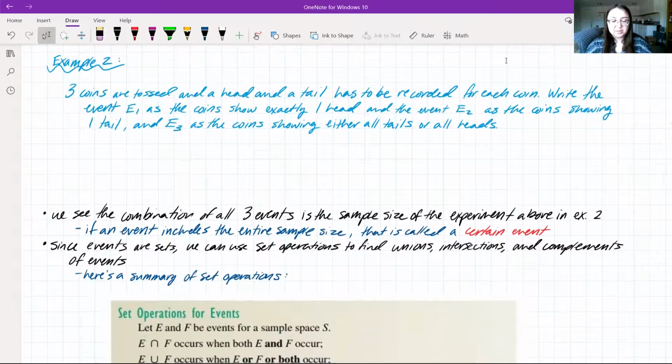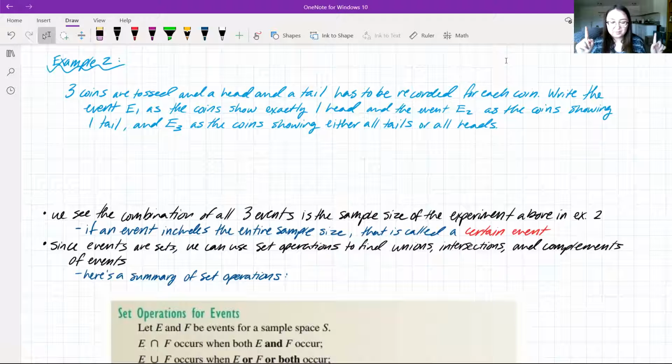All right, for example 2 here, we have 3 coins are tossed, and a head and a tail has to be recorded. So this means that every time we're flipping coins, not rolling dice. Every time you flip 3 coins, you have to have a head and you have to have a tail. So those are kind of like our parameters in essence.